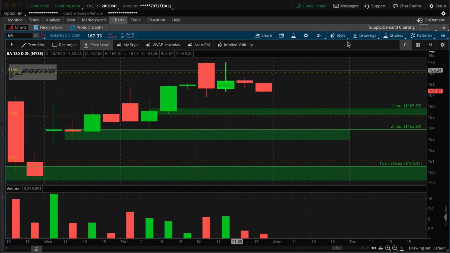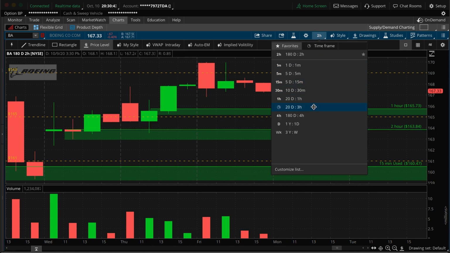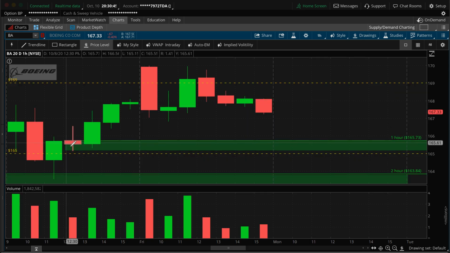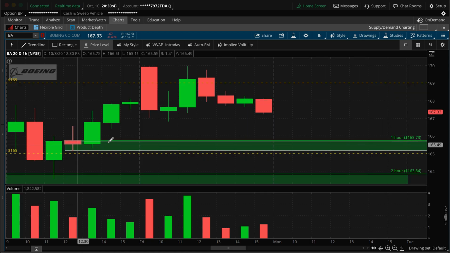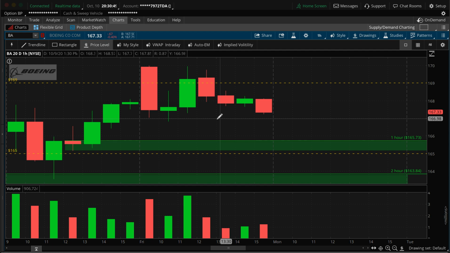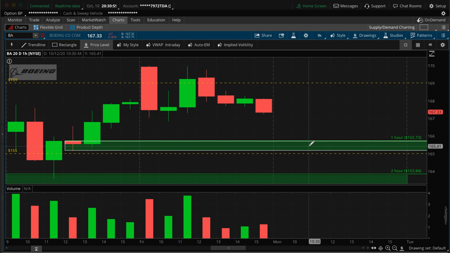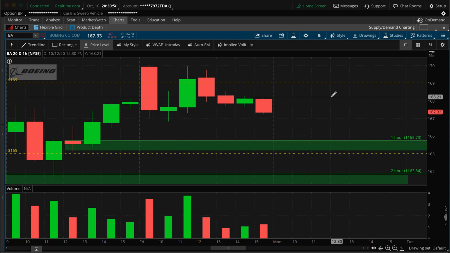So you have that zone. And then we also had a 1-hour zone form here at 265. So that zone is our next demand zone that we're looking for. So we're looking for price to come back, test this 265 zone, and then we look to take it long, bounce from that zone.